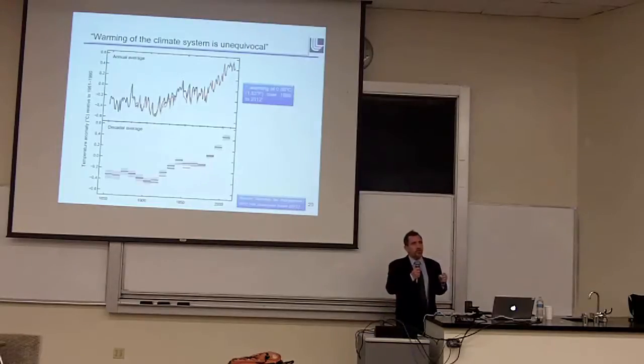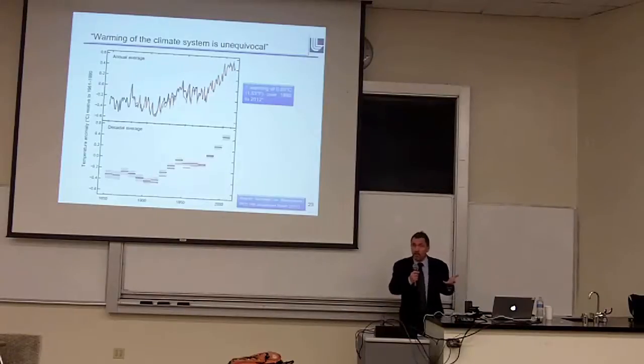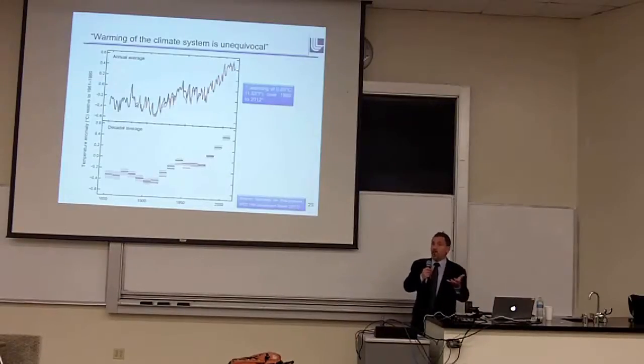So in any observational data set construction, there are all sorts of subjective judgments you have to make. It's very reassuring that three groups do it independently and more or less get the same global mean result. And that result is that we've seen about 1.5 degrees Fahrenheit warming since the Industrial Revolution.